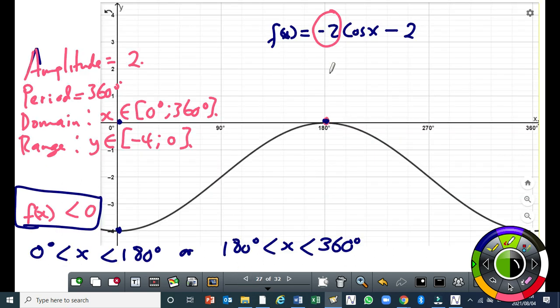Initially it was at 2 before the vertical shift. Then if you move it by 2 units downwards, it goes to this point. Then for the negative y values, this point that you see at minus 4 was previously at negative 2. So it moved down by 2 units.